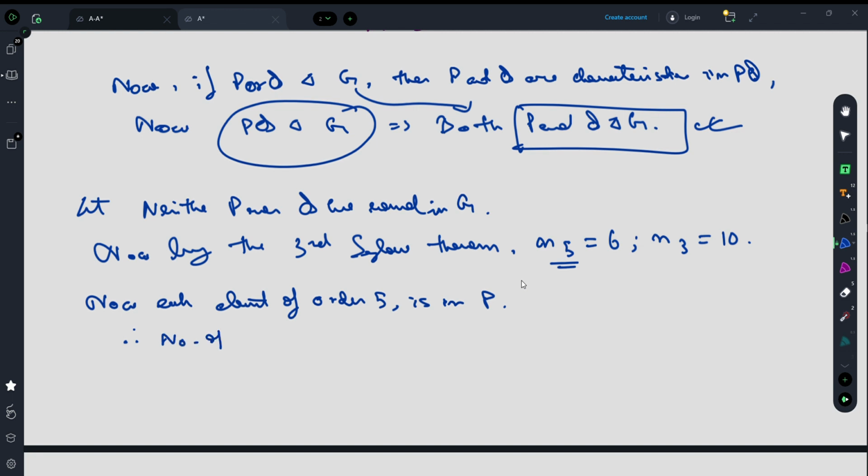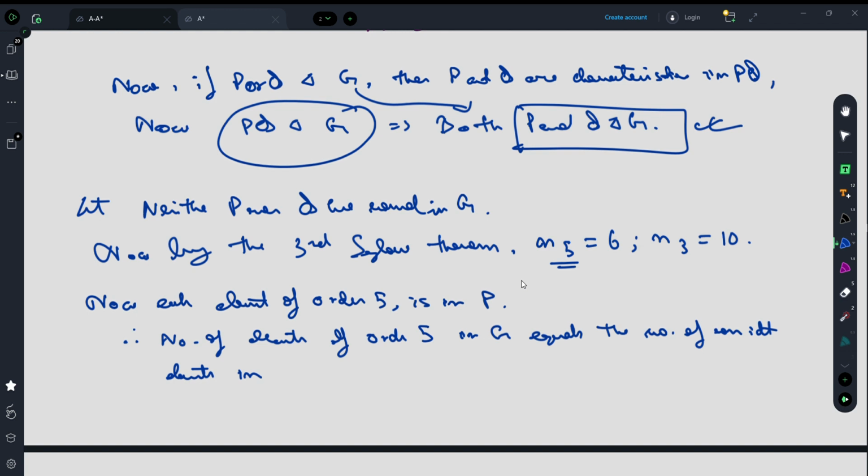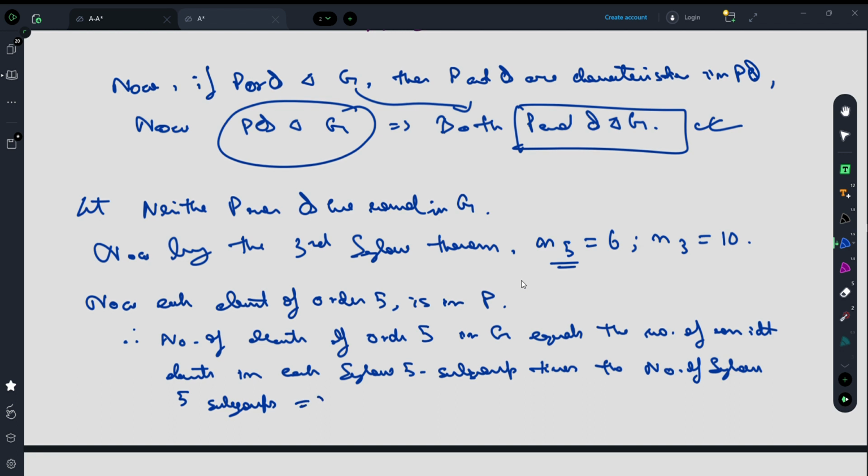Now each element of order 5 is in some Sylow 5 subgroup P. Therefore, the number of elements of order 5 in G must equal the number of non-identity elements in each Sylow 5 subgroup times the number of Sylow 5 subgroups.